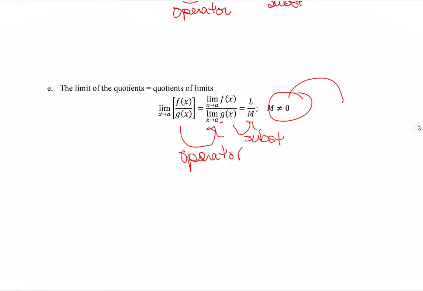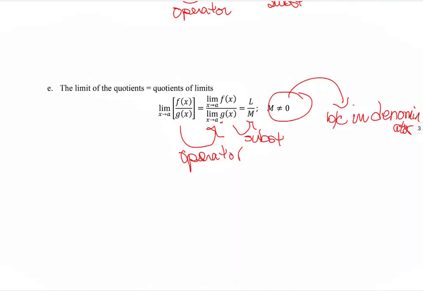But because I have now moved it to the denominator, I have to add this condition on because it's in the denominator. All right?